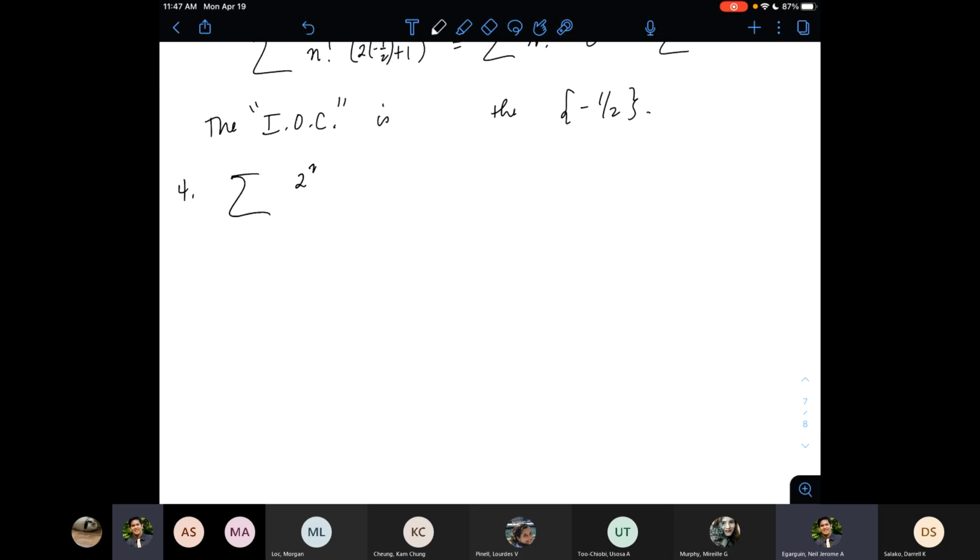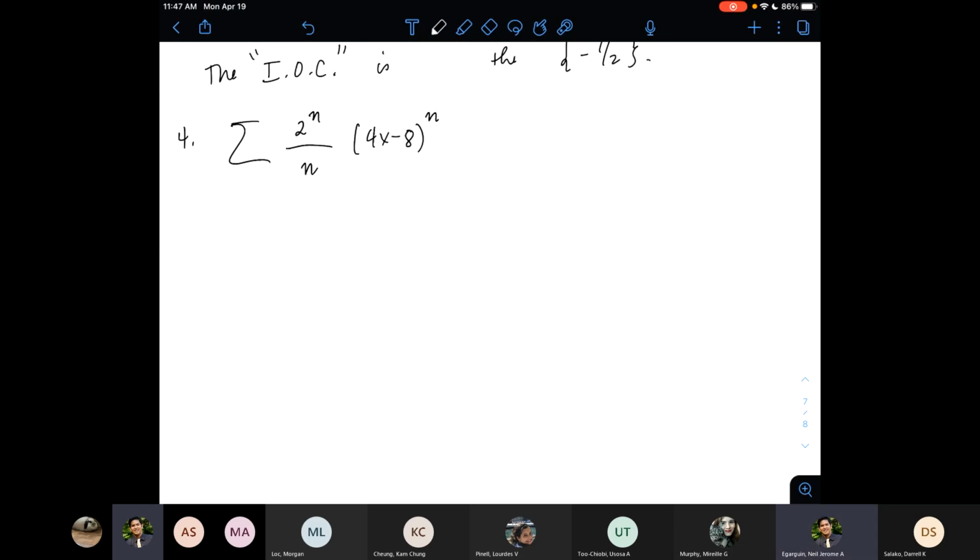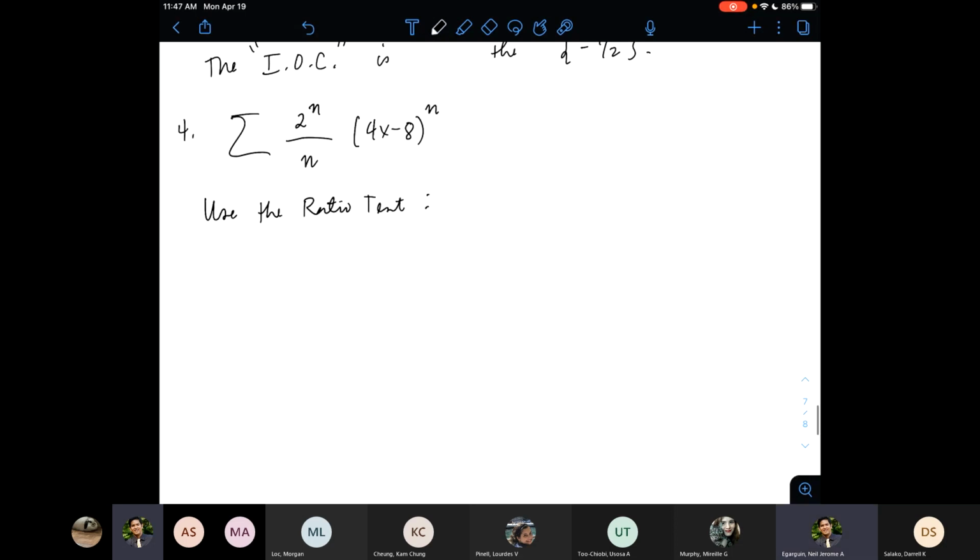Sum of 2 to the power n all over n times 4x minus 8 to the power n. Okay, so here let's use the ratio test again, though you could have also used the root test here.